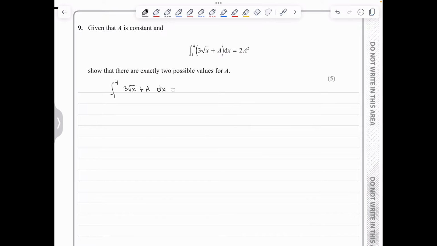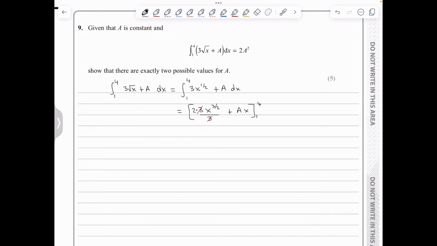The first thing to do is write the 3 root x as 3x to the half plus a dx from 1 up to 4. I will integrate, so we increase the power by 1, we divide by the new power, so divide by 3/2, plus ax from 1 up to 4. Before substituting the upper and the lower limit, let me cancel out the 3 here.